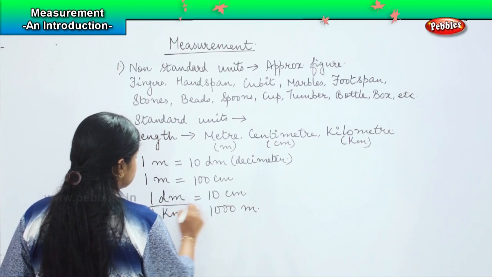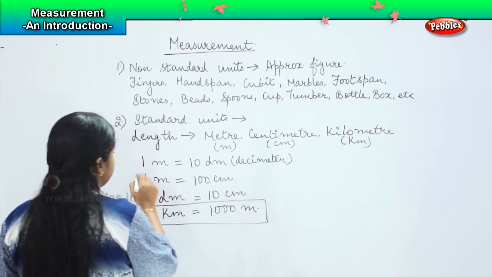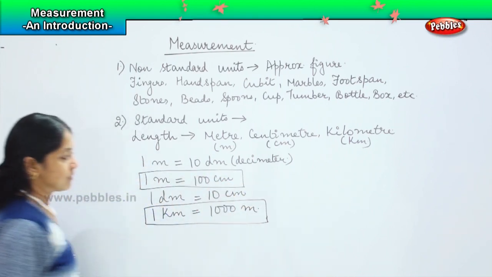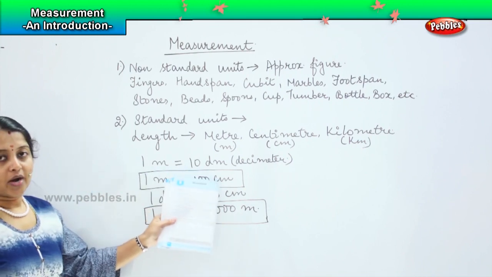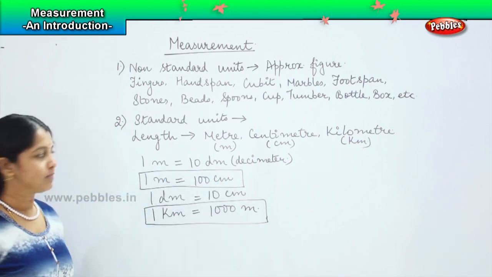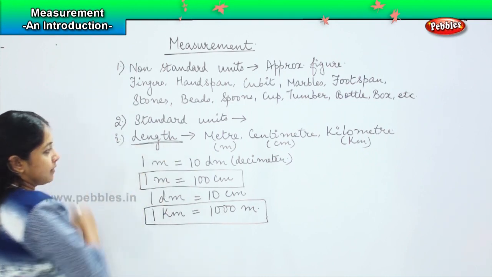So these two values are the ones which we will be using frequently in our sums. 1 meter equals 100 centimeter and 1 kilometer equals 1000 meter. So this is in terms of length.